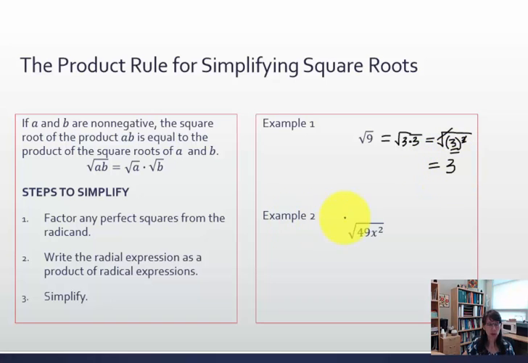With example 2, we have the square root of 49x squared. So another way that this could be written using our product rule is separating the numerical coefficient from the variable base. 49 you could think of as the quantity of 7 squared, and x squared is the quantity of x being squared.